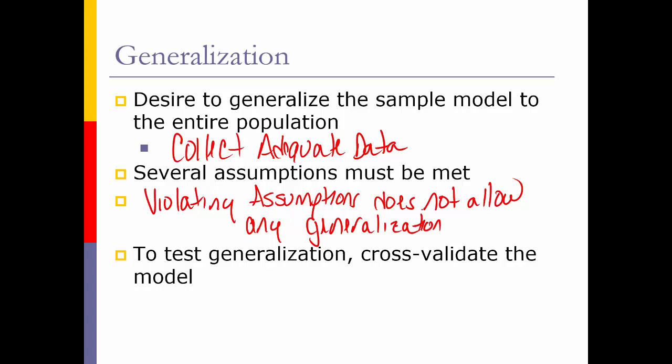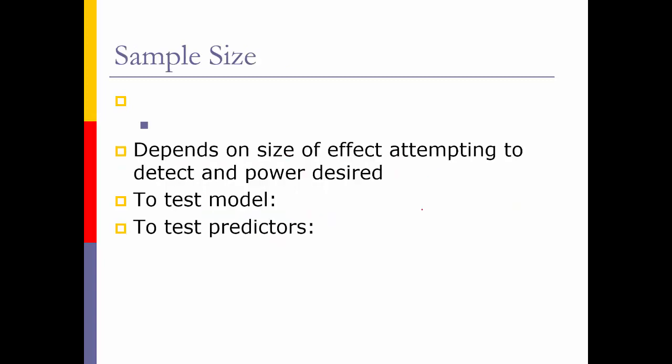In order to test generalization, we simply need to cross-validate the model. We're going to talk a little bit about how we do that when we get to the analysis part as well.